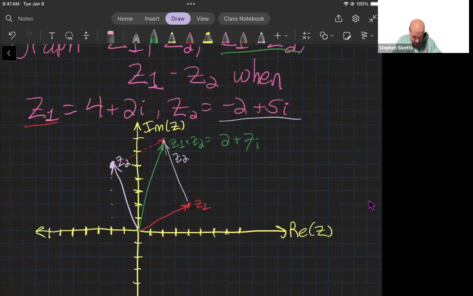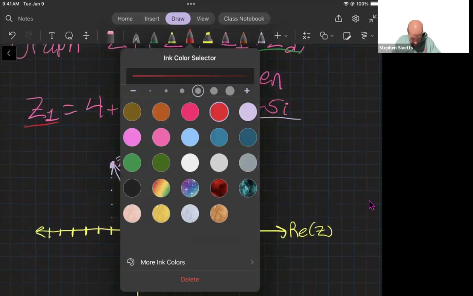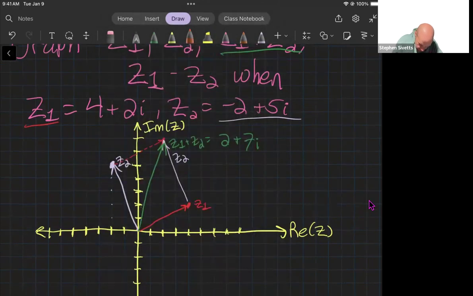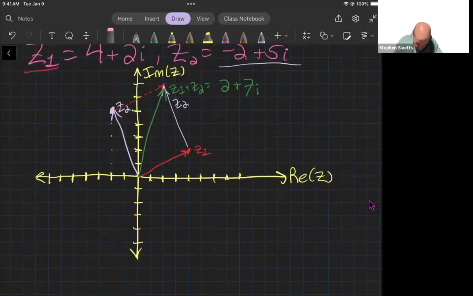Next, we want z1 minus z2. So I am going to label this, oh, goodness gracious, this color. Okay, z1 minus z2. Okay, so we want to take the negative of z2, right? So minus z2 would be this vector. 2 minus 5 would be its opposite, right?